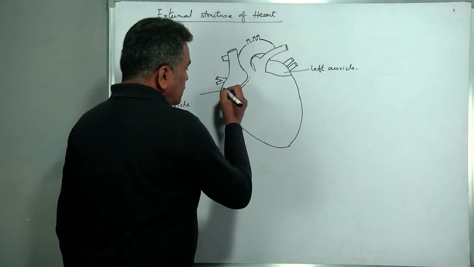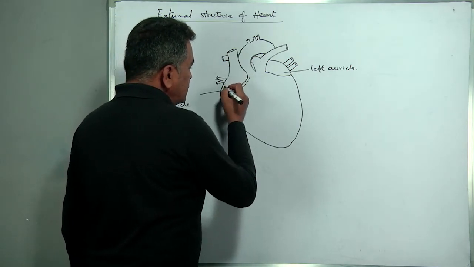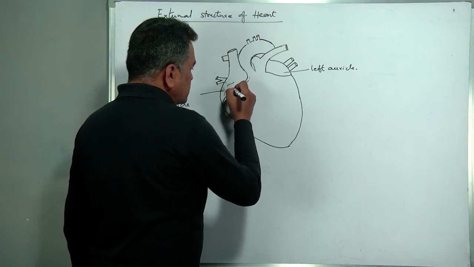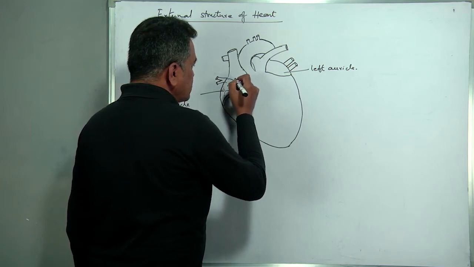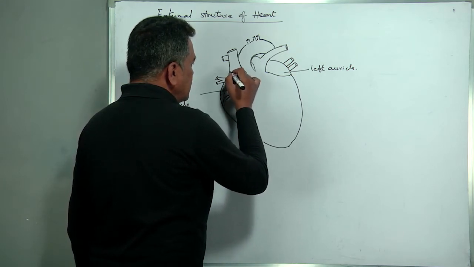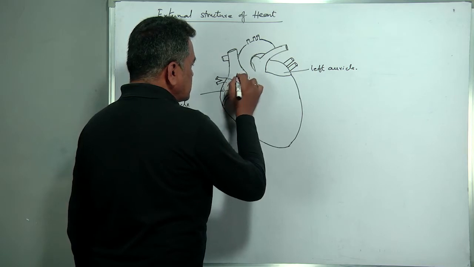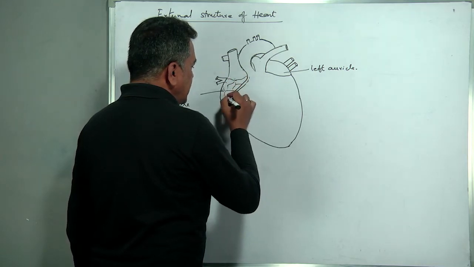On this right auricle, you find a wrinkle-like structure.